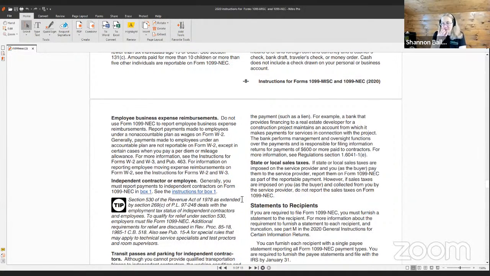So this is one that I had to deal with a lot when I was doing bookkeeping, because I worked with a lot of contractors, and the bank managed the payments, and so we didn't have to keep track of the payments that were being made by the bank.